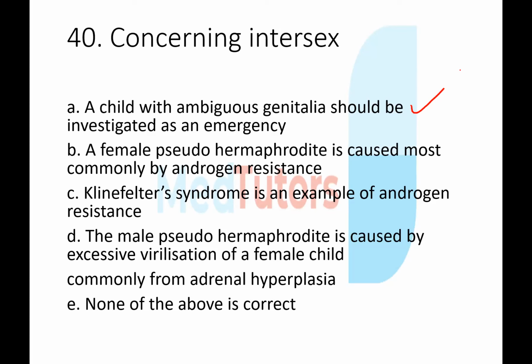Okay, so after evaluation, the parents were recounseled again because they came from one remote area. So after counseling, they consented, and this child's external genitalia was reconstructed as a male. And of course, all the attempts to even grow hair failed.